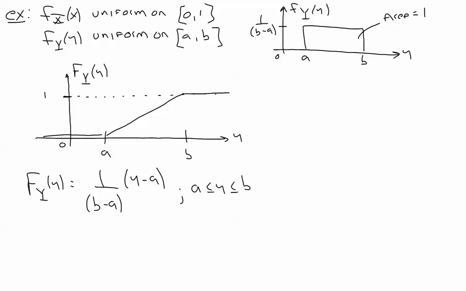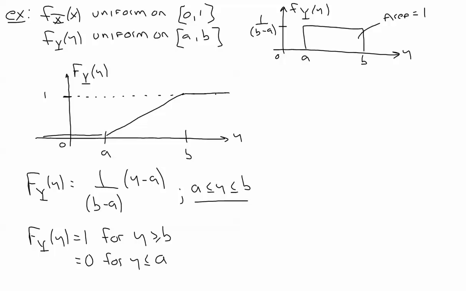That's what I need. In the range from a to b, it's a straight line, and it equals 1 for y greater than or equal to b, and is 0 for y less than or equal to a.